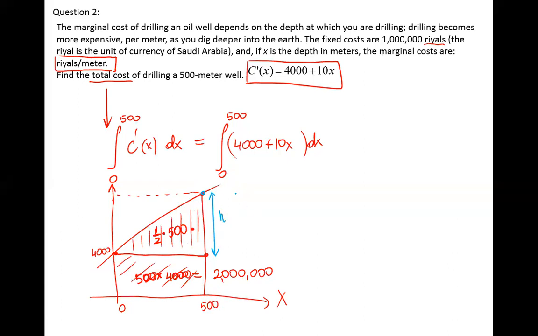That means I can take the line, 4,000 plus 10 times 500, because this will be the value of the function. That is 4,000 plus 5,000, which is 9,000. If this is 9,000, the distance between 4 and 9, of course, is 5, that means this is 5,000.